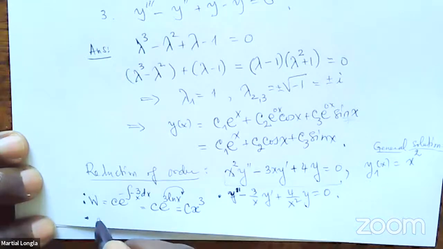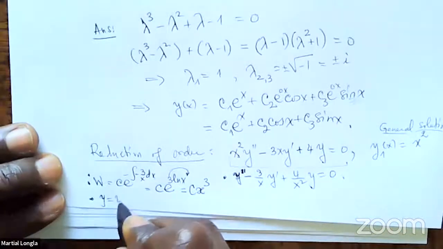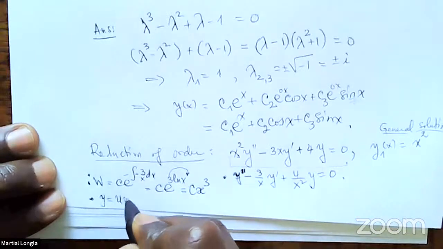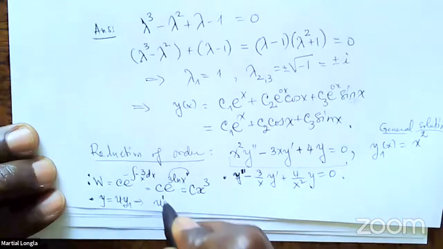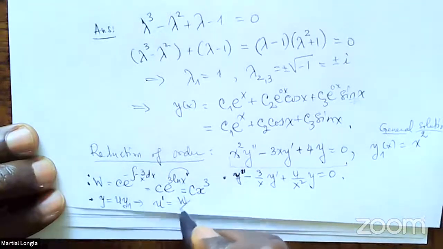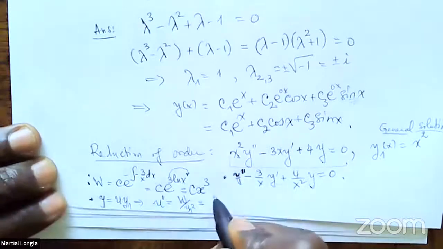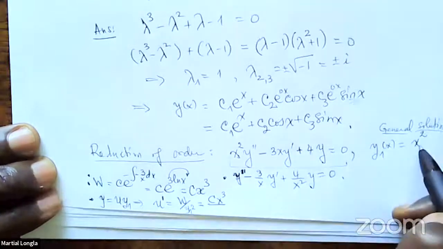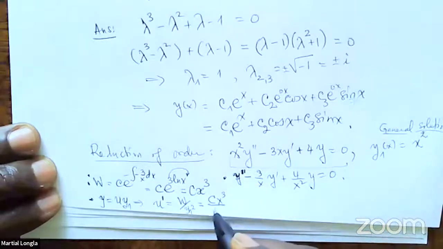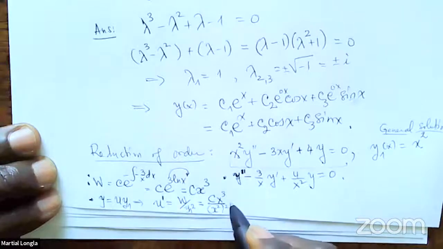Next, you got y equals u times y1, u prime x. And so u prime is w over y1 squared. Right. Let's see, x cubed over, and y1 is x squared, and you square that, so that's x squared squared.